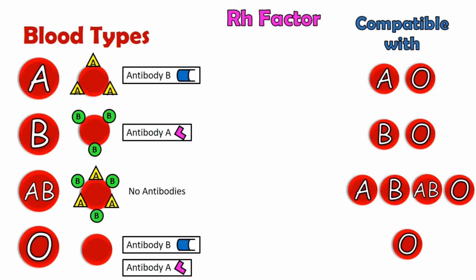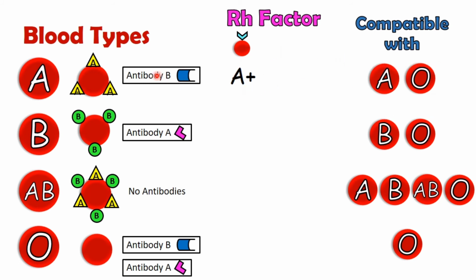So we're going to go into more detail on the RH factors, one by one. When there is the presence of the RH factor, it means that blood type A will become A positive. So let's see, with the presence of the RH factor in the blood type, which kind of blood it can be compatible with.